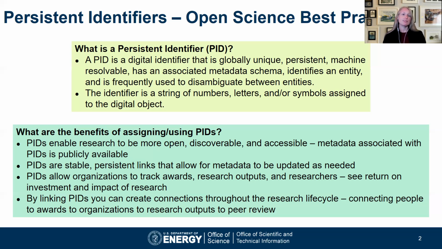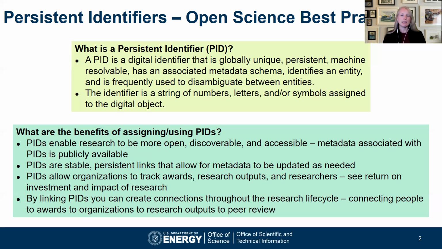So our community sees a lot of benefits to assigning and using persistent identifiers in this kind of research science atmosphere. Some of the benefits that we see are enabling research to be more open, discoverable, and accessible when it makes sense to be.